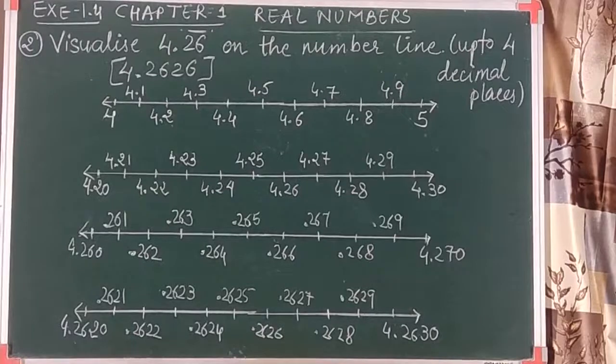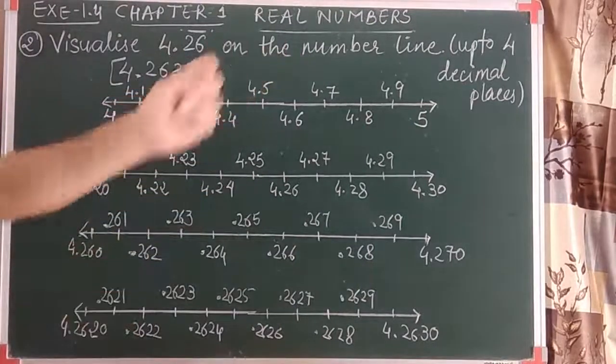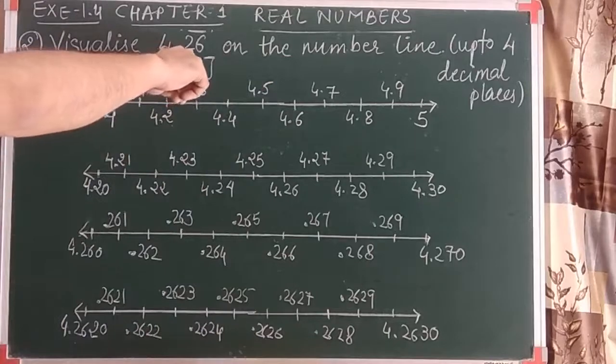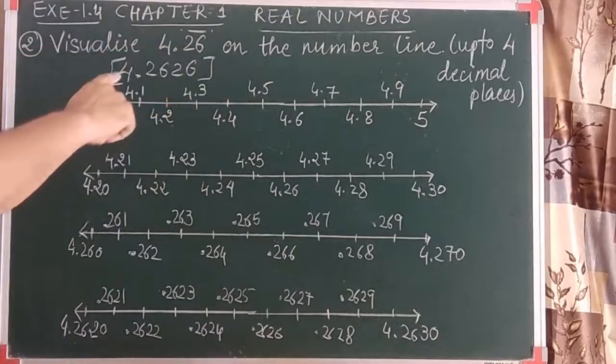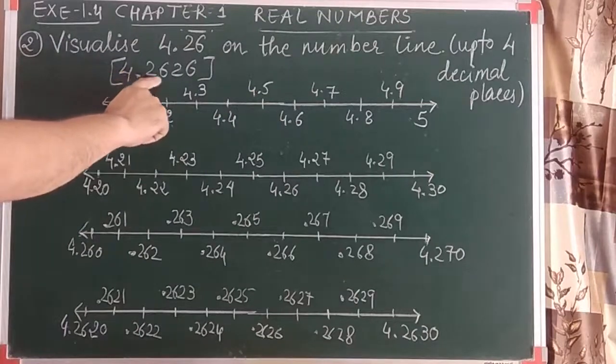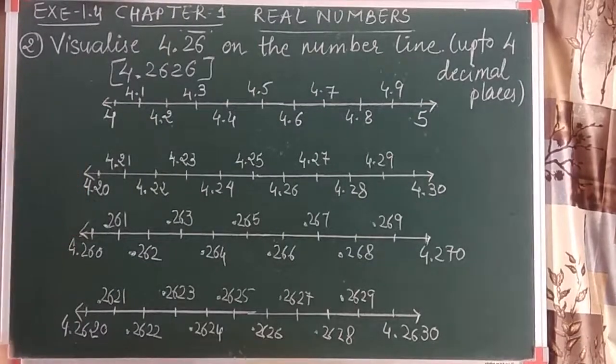In this question, we have to visualize 4.26 bar on the number line. It is mentioned up to 4 decimals. If I convert it into 4 decimals, we can say that 26 is a recurring number, so the number we have to represent on the number line is 4.2626. First we have to understand which two integers the given number lies between.